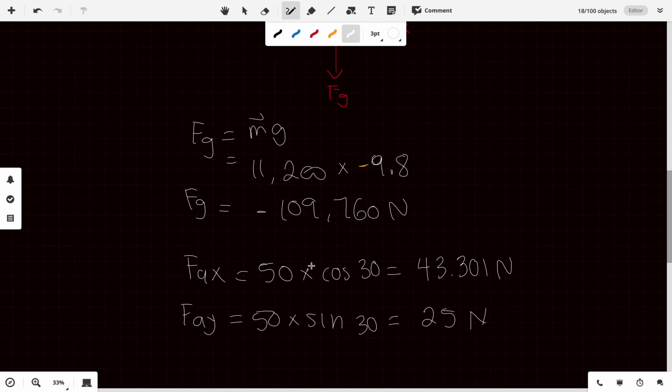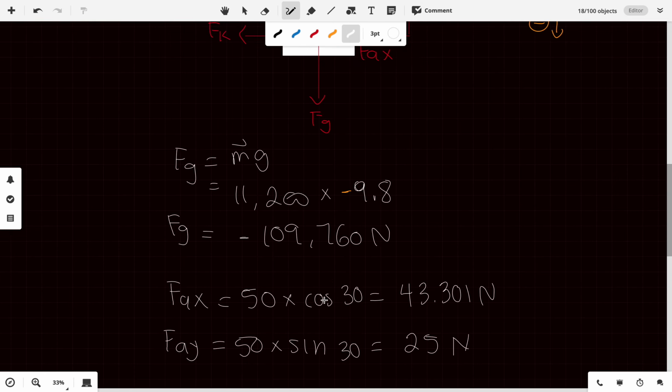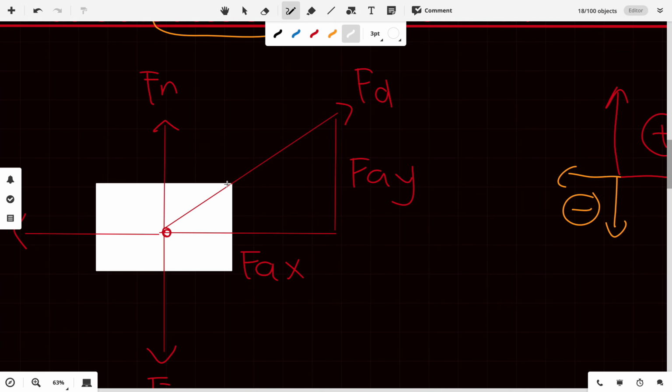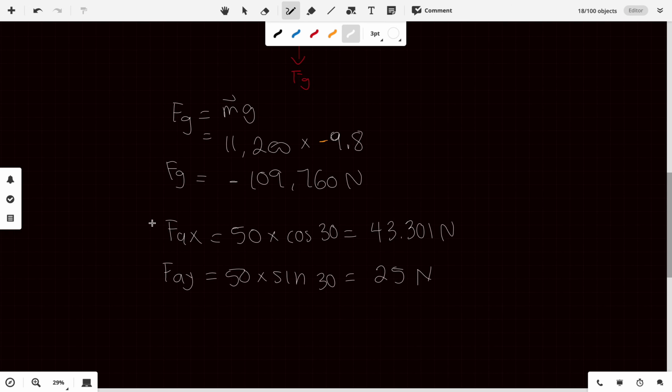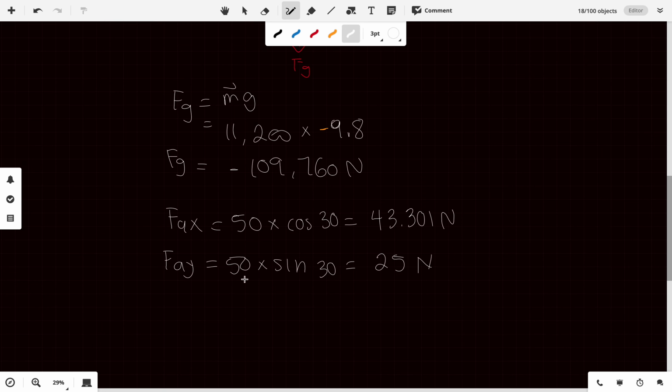If you look at this, we can see that this is 30 degrees. So the y would be sine, since this is opposite over hypotenuse, and the x would be cosine, since this is adjacent over hypotenuse. That's where we get these two values.